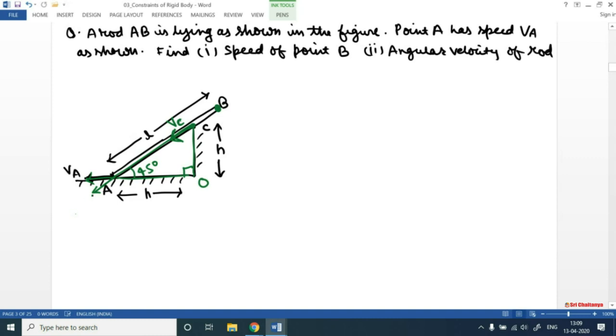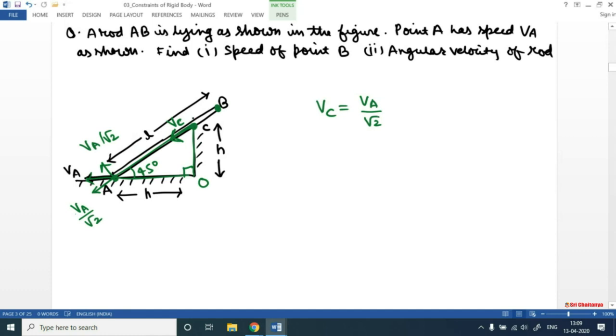That is going to be VA cos 45 degrees, so that is going to be VA by root 2, and this is going to be VA by root 2 as well. So writing the velocity constraint equation between A and C, VC simply can be written as VA by root 2.